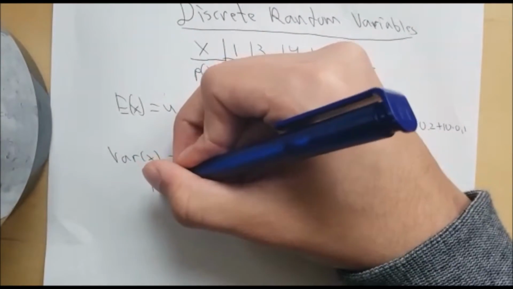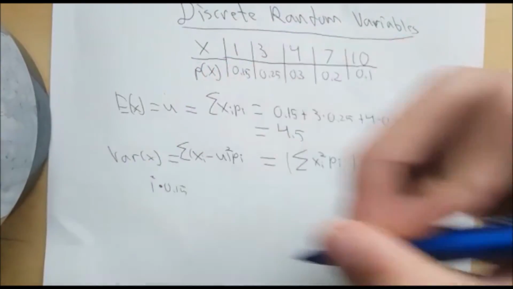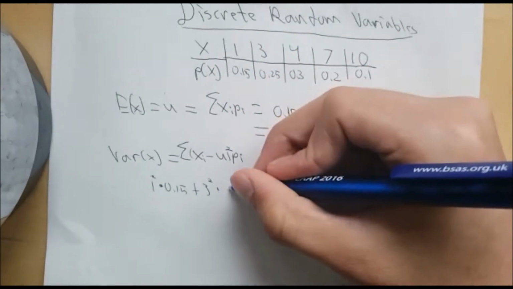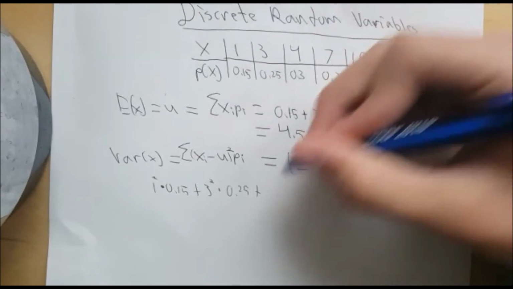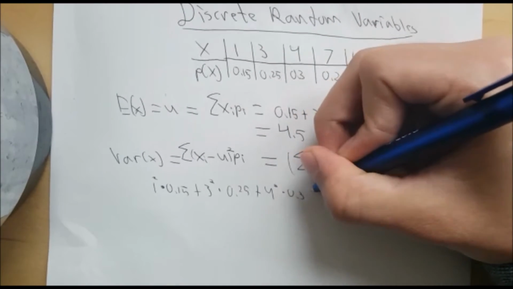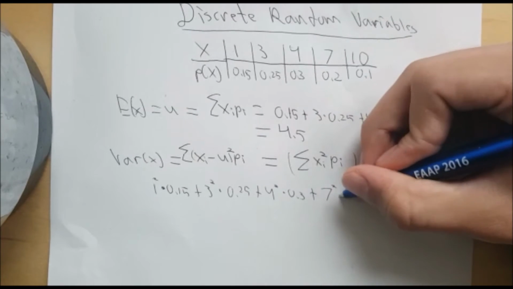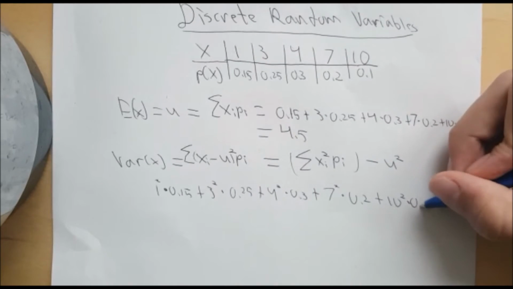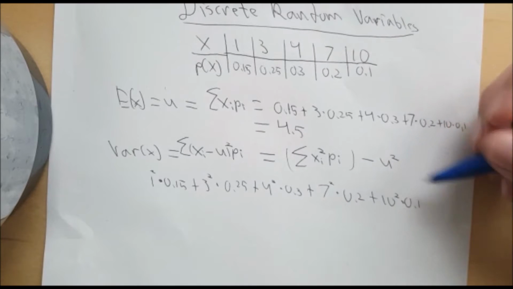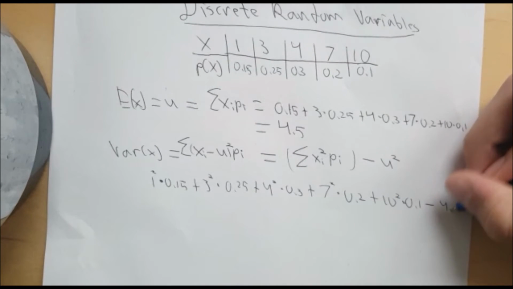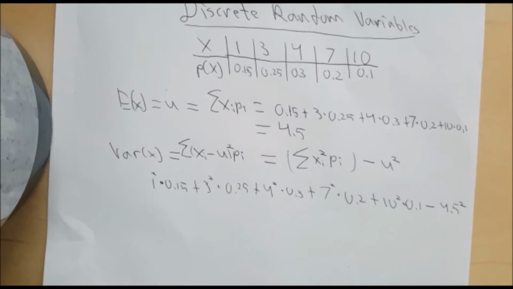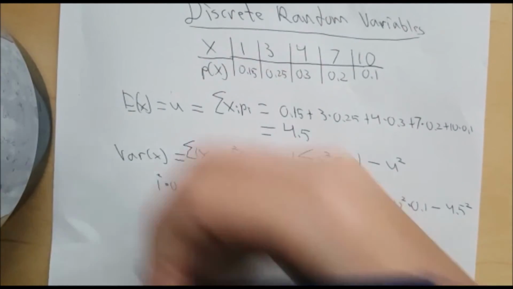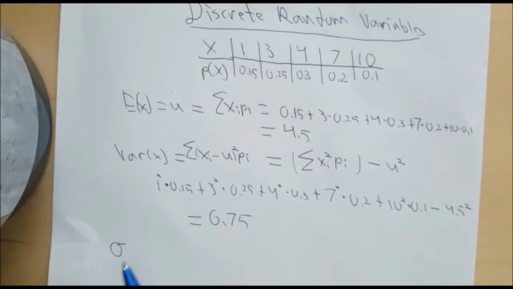So 1 squared times 0.15 plus 3 squared times 0.25 plus 4 squared times 0.3 plus 7 squared times 0.2 plus 10 squared times 0.1, and all of that minus the mean squared, minus 4.5 squared. And that's going to be equal to 6.75.